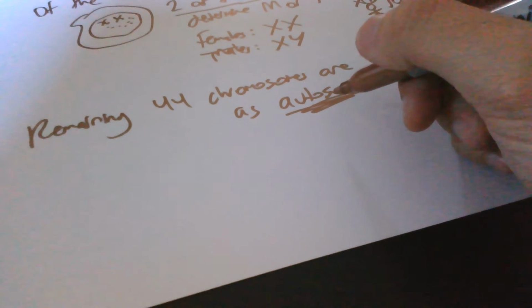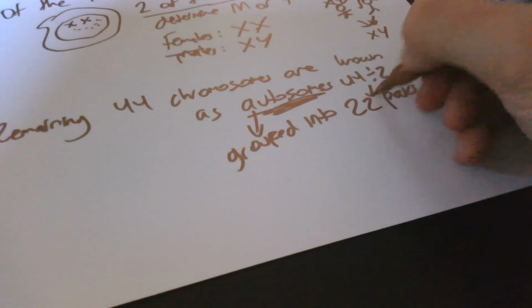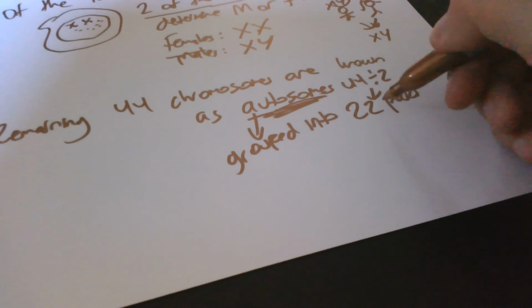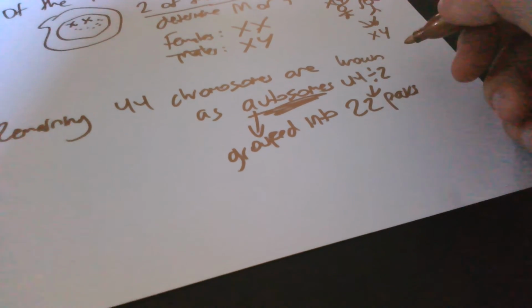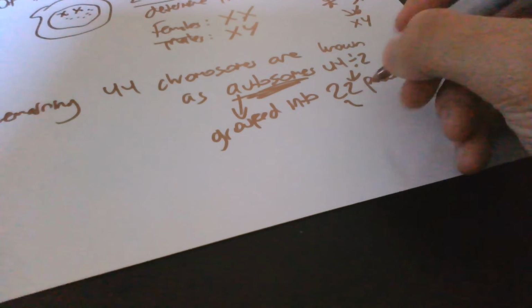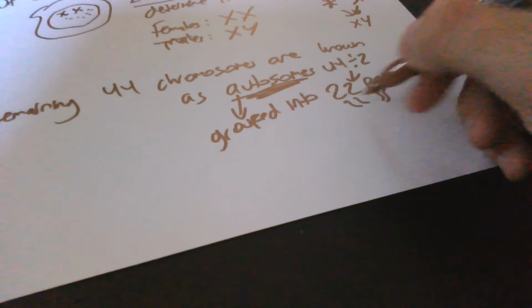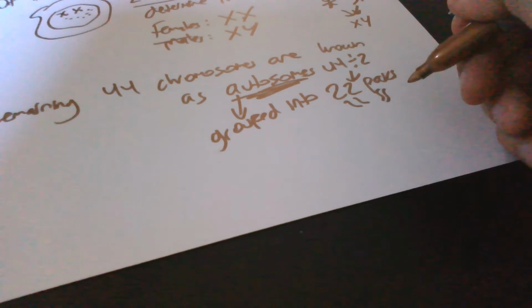These autosomes are grouped into 22 pairs, which makes sense because 44 divided by 2 is 22. Think of them as shoes that look like this or like that. That's how they usually are, and I'll show you pictures of chromosomes later on.